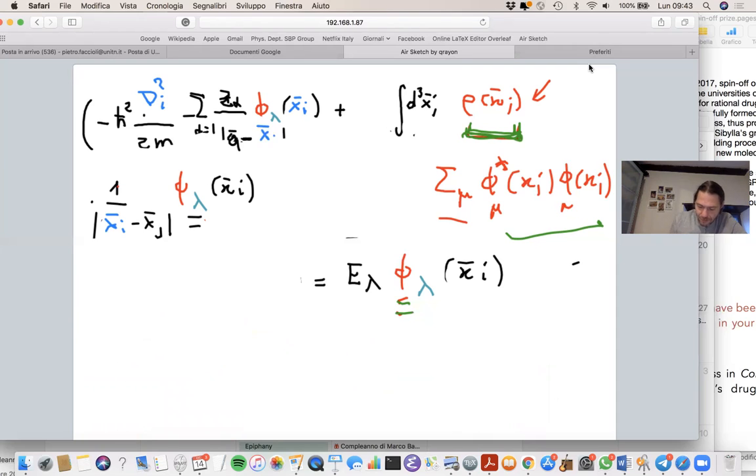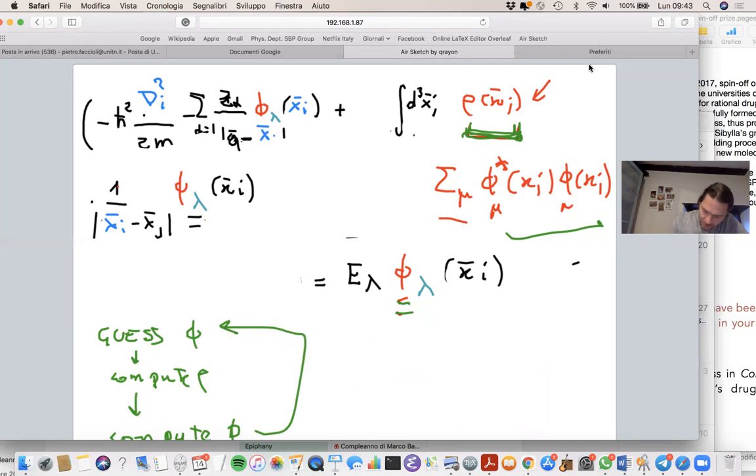And you start from guess phi, compute rho, compute phi, and then go back. Sorry, not back to guess phi. Go back to compute rho.